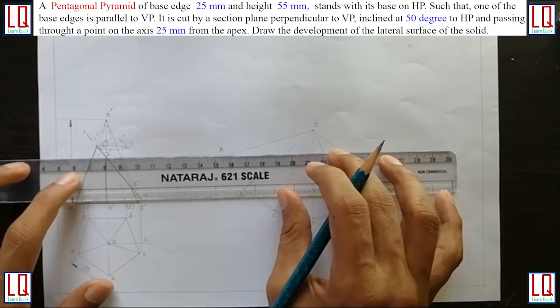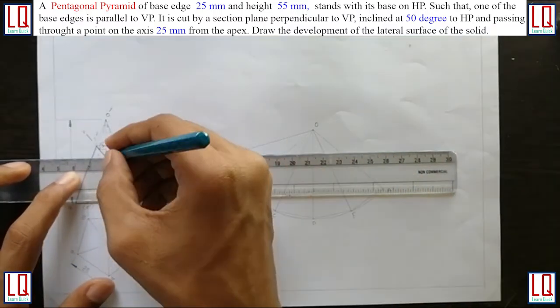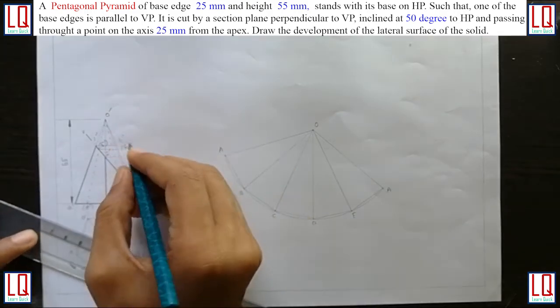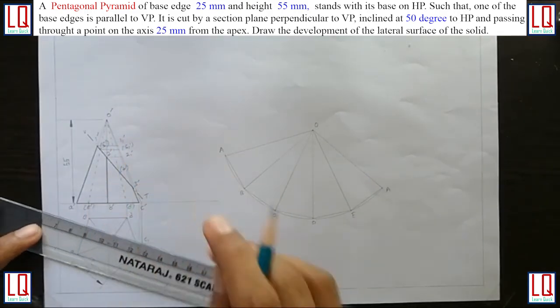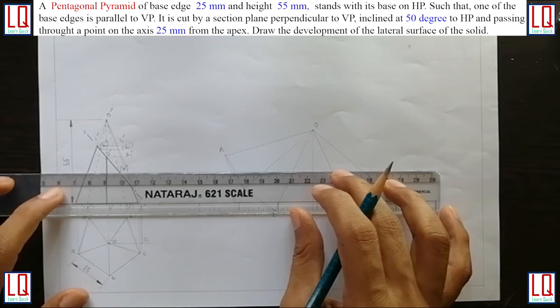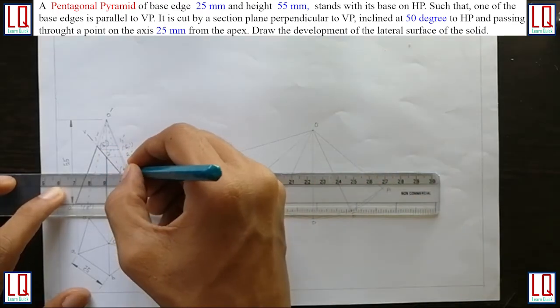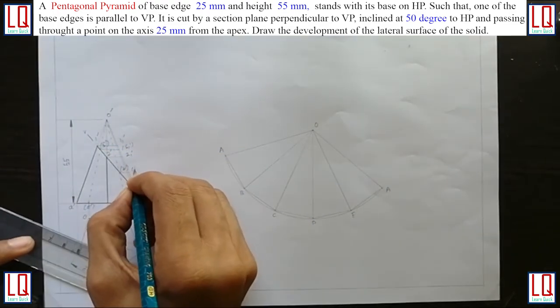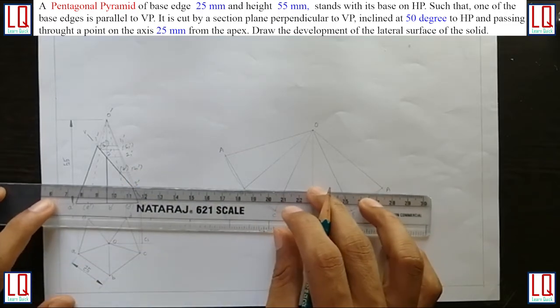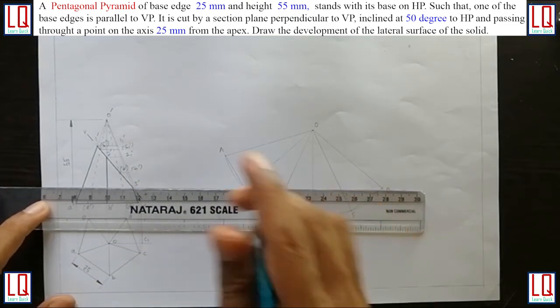Then 2 dash, this is 2 1 dash. Then transferring 4 dash, 4 1 dash, and transferring 3 dash, 3 1 dash.